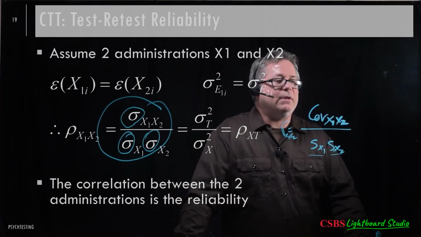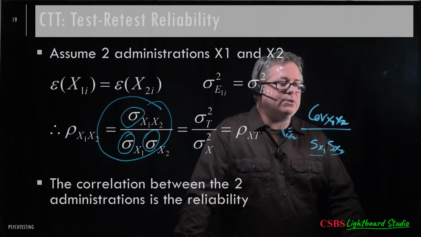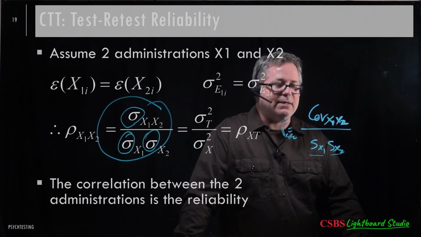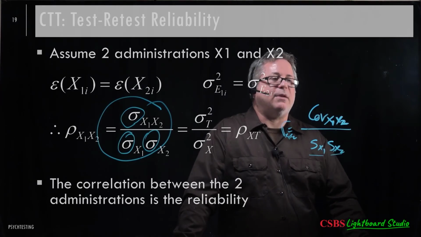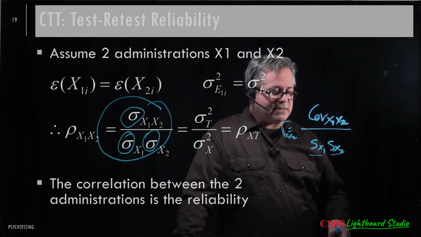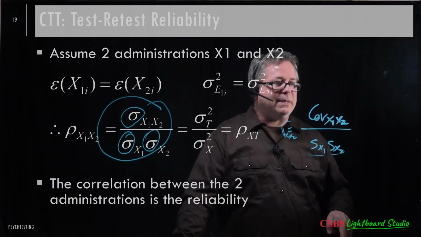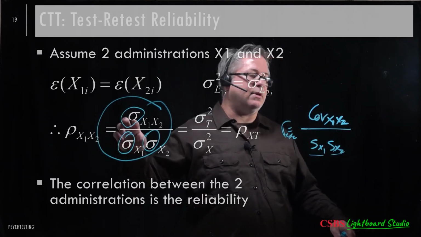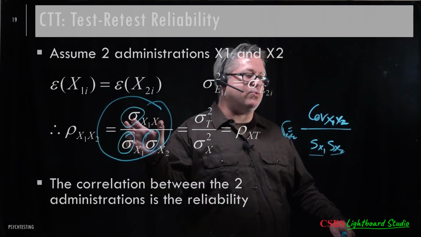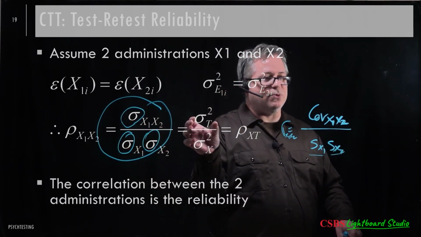So the question here is, why is it that if I just correlate a test and retest of the same test, how does that reflect reliability relative to the true score we're trying to measure? Why is correlating the test and retest a measure of reliability? Because the amount of covariance shared between the test and retest reflects the variability in the true score.